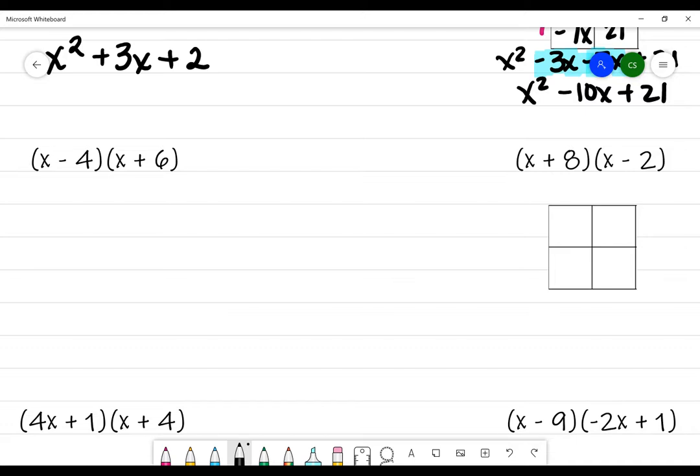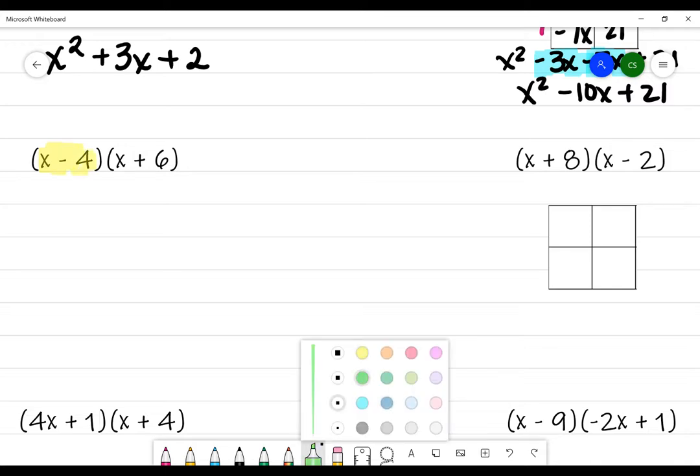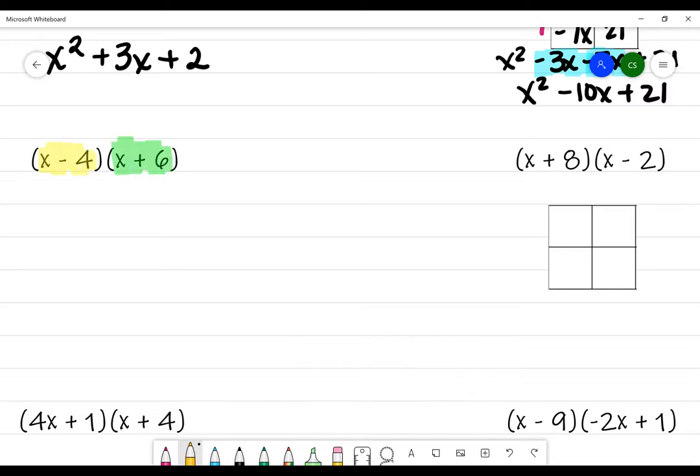So I'm going to multiply x, get my highlighter, to the entire second polynomial. Then I'm going to multiply -4 to the entire second polynomial. Notice I have twins. That means that I have double distributed correctly.